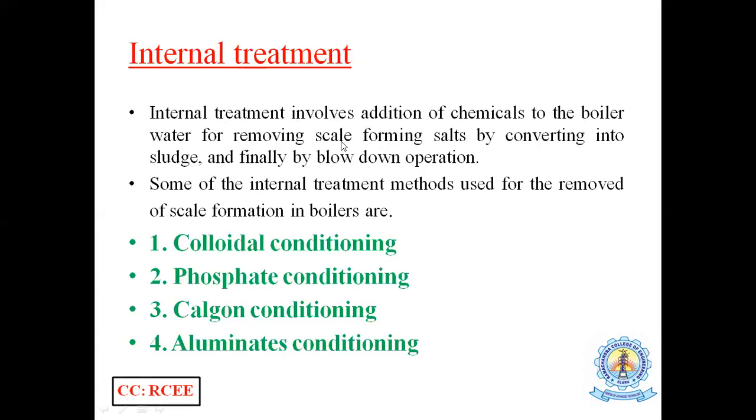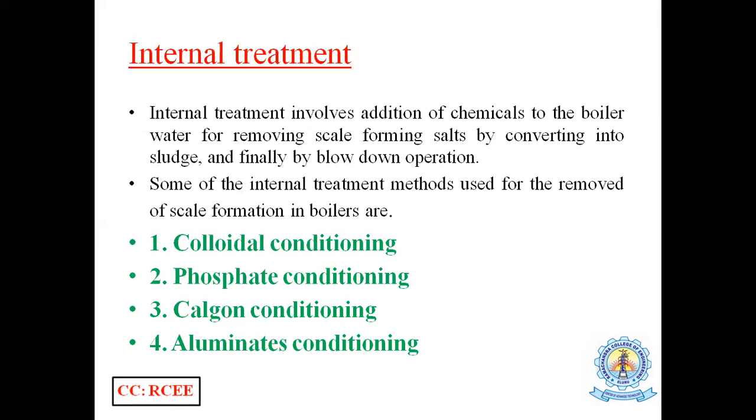Scale is a hard precipitate formed on the inner walls of the boilers, and sludge is a soft and smooth precipitate formed in the middle of the water. Sludge we can easily remove by blow down operation or filtration, but scale cannot be removed.